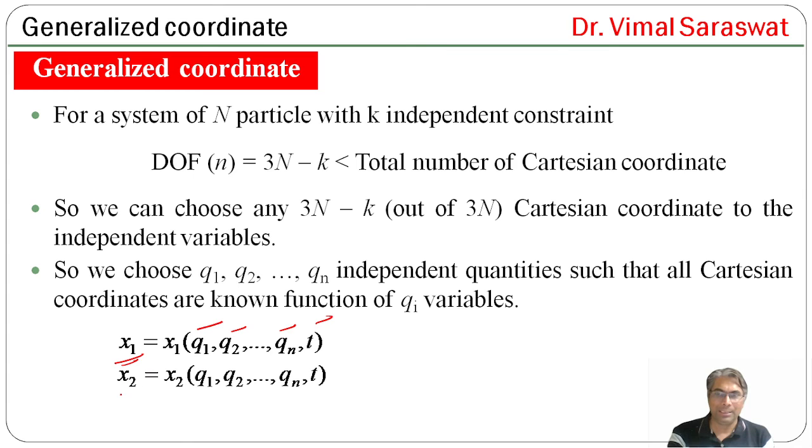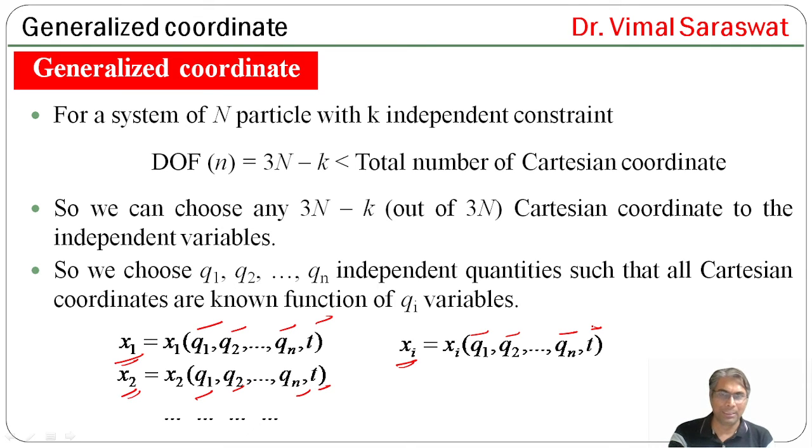In the same way, x2 will be a function of q1, q2, qn and t, and xi will be a function of q1, q2, qn and t. It means every Cartesian coordinate will be a function of q1, q2, qn and t. In the same way, the Cartesian coordinate x3n will be a function of q1, q2, qn and t.